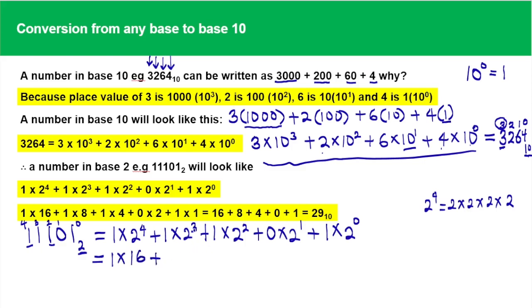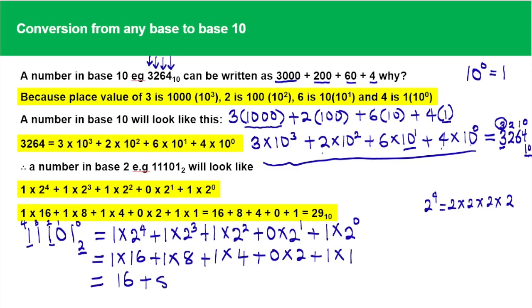Similarly, 2 to the power of 3 is 2 times 2 times 2, and that will give us 8. Also, 2 to the power of 2, that is 2 times 2, will give us 4. 2 to the power of 1 will give us 2, and 2 to the power of 0 will give us 1.